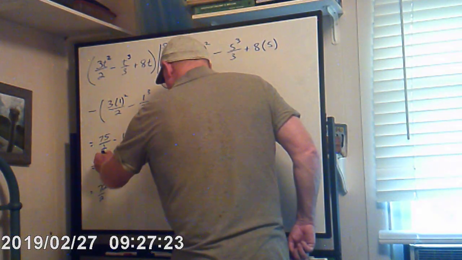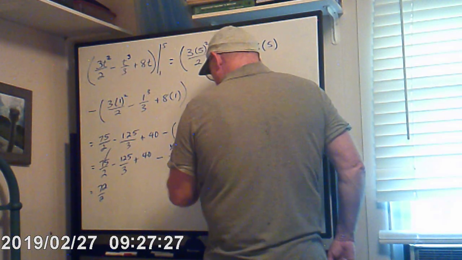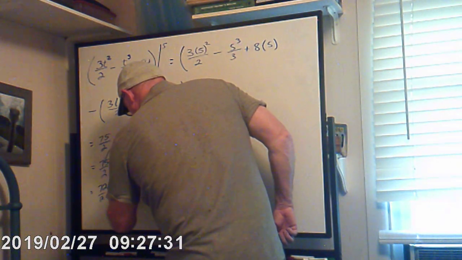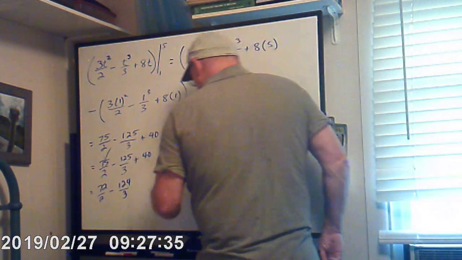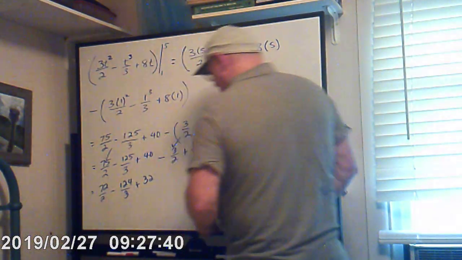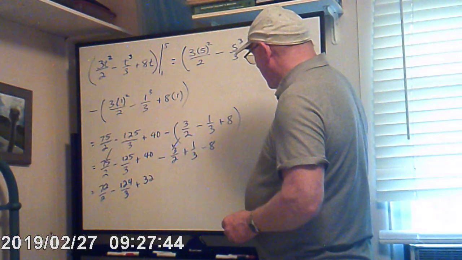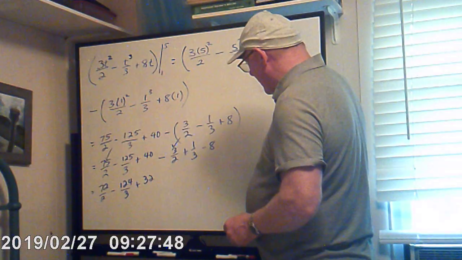And then we have these two: negative 125 and positive 1, so this is negative 124. That's good. And 40 minus 8 is 32. Looks good to me.